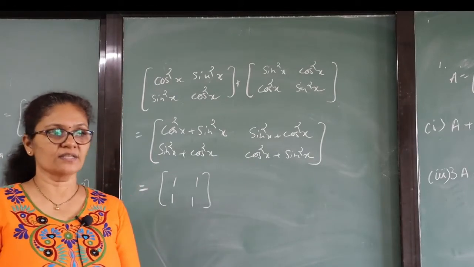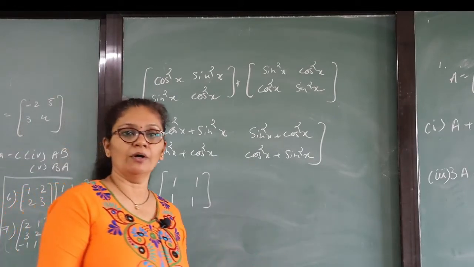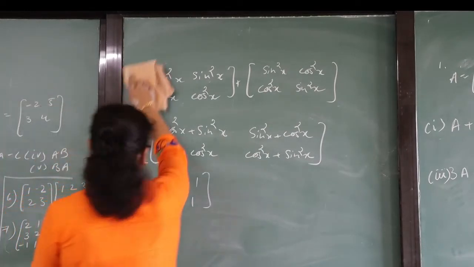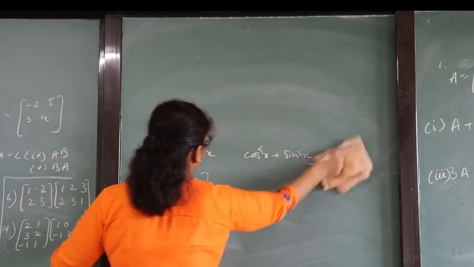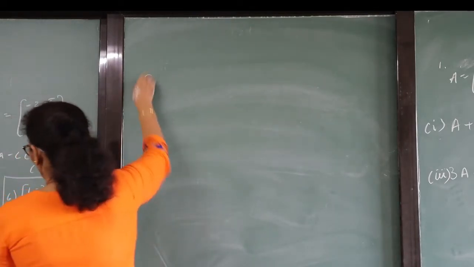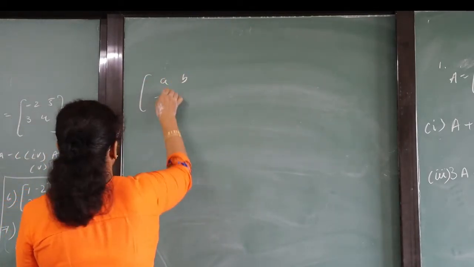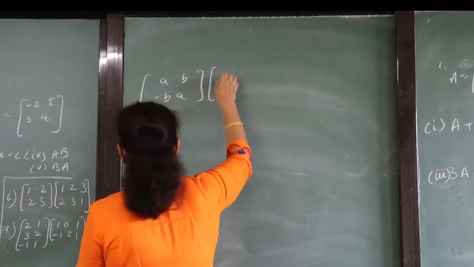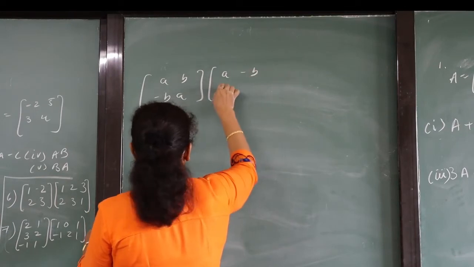So all these things together will be in your JEE also. Okay, so after this, now one easy question we will take with unknown numbers. Let's take with AB. So your first is AB minus BA, and the second matrix is given as A minus B, B A.